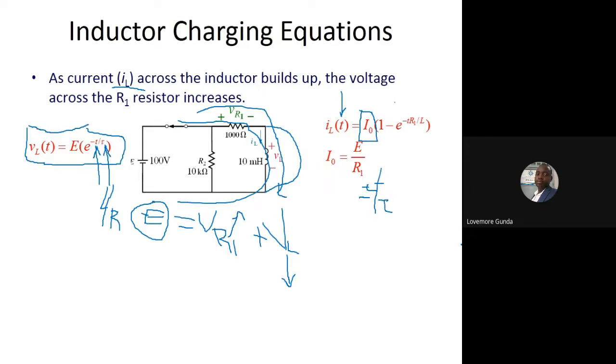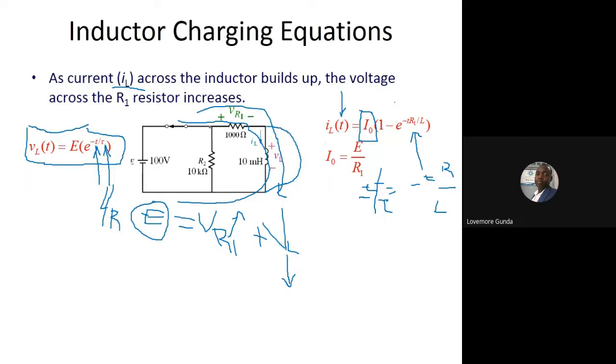And we said tau is equal to what? L over R, so it becomes minus t R over L. That's where we are getting it from. Remembering that the time constant tau is equal to L over R.